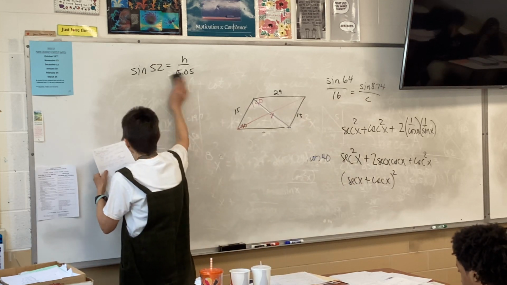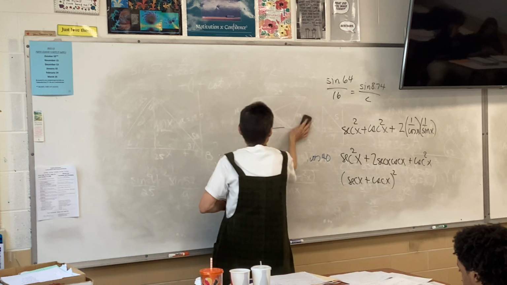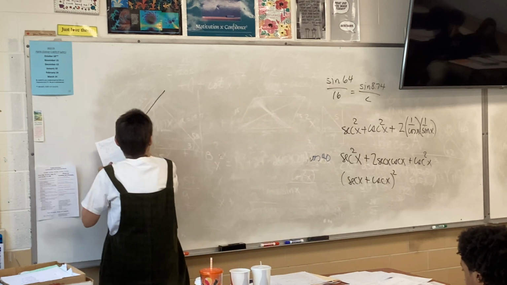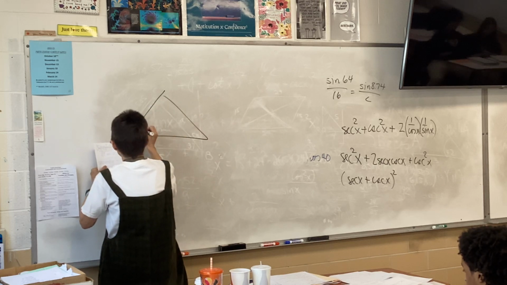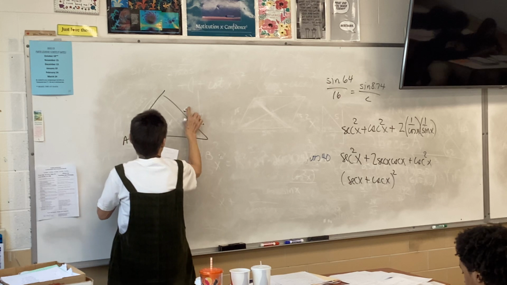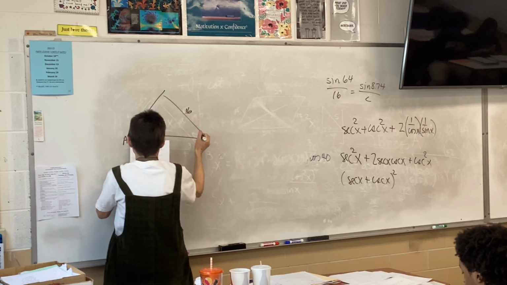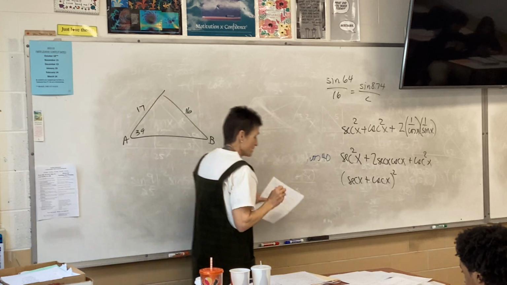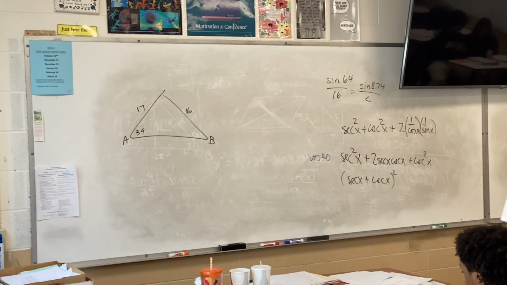this is a problem that just flat out says how many triangles are possible. So you know the answer is going to be 0, 1, or 2. Oh wait, that's 16. So I want to know how many triangles are possible.